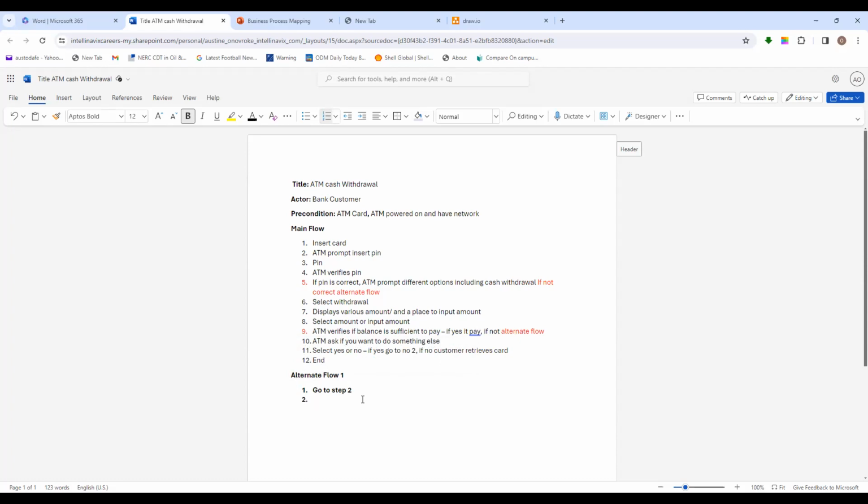We now put: if the customer re-enters PIN, is it 3 times or more than 3 times? After 3 times, more than 3 times. It will withhold the card. Retain.